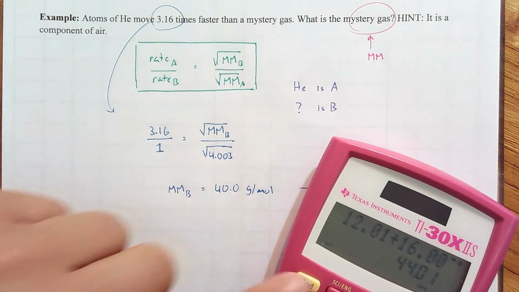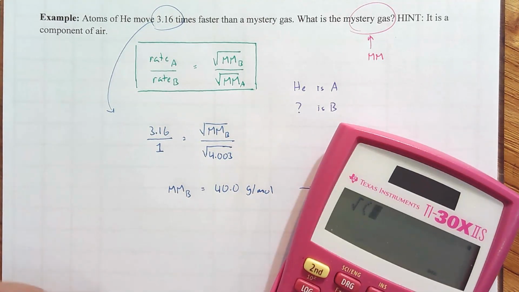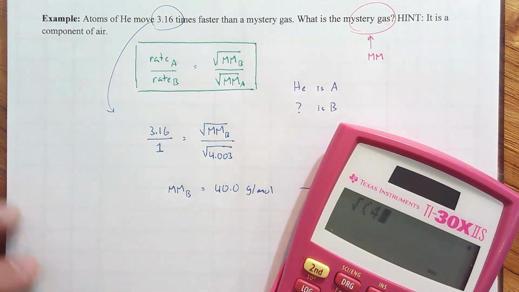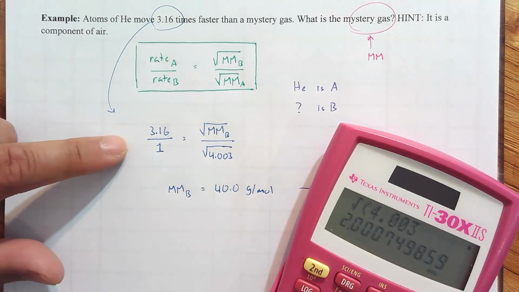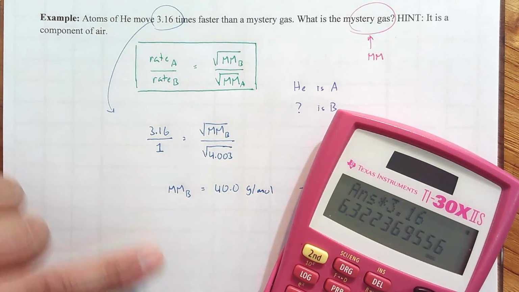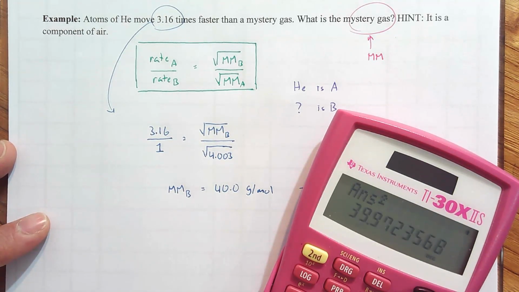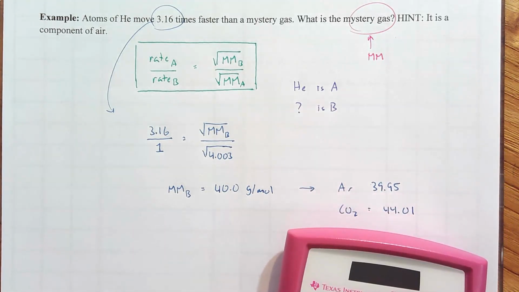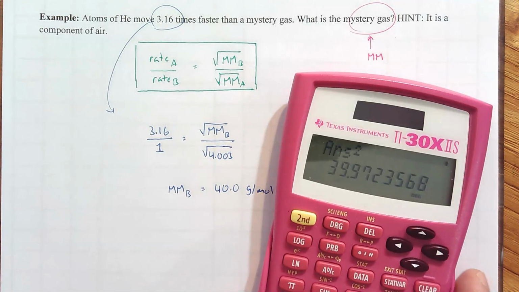Helium, okay. Square root. I thought it was carbon dioxide, to tell you the truth. Did I do this wrong? Okay, times 3.16, and that is squared. Oh, it is argon. It's argon.